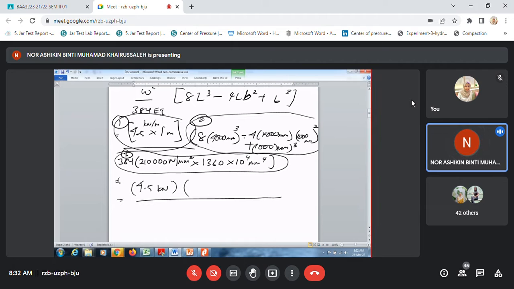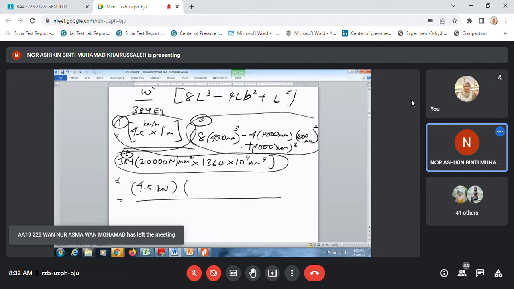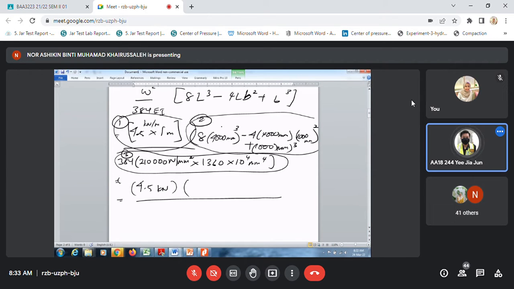This number 2. 4.96 times 10 to the power of 11. Unit?